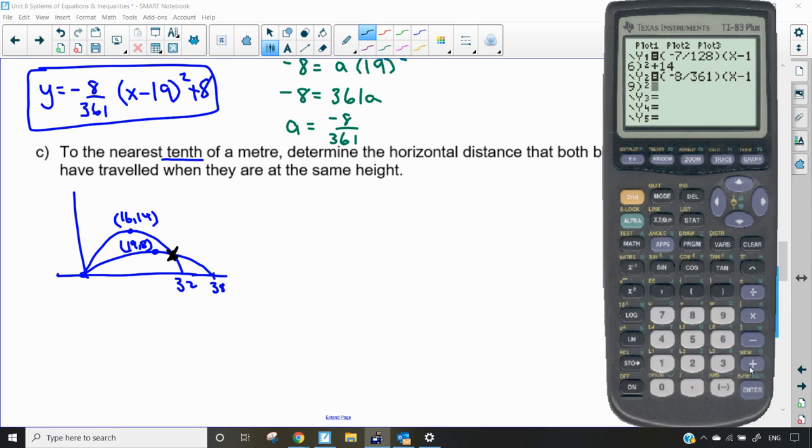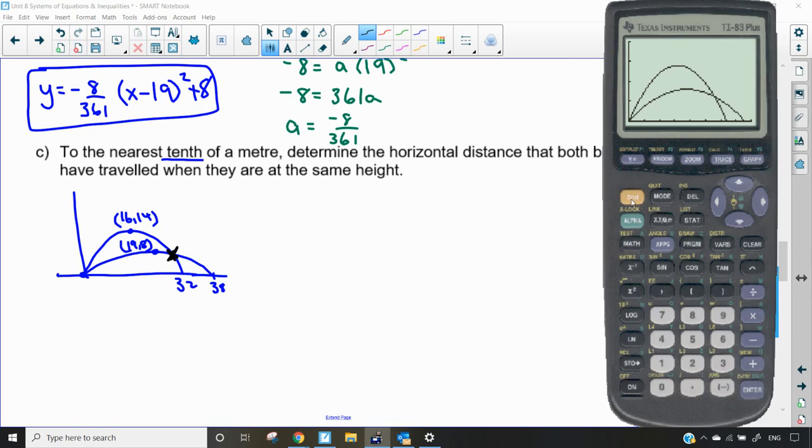Now with this one, our graph gives us our window settings that we need. So we're going to go to our window settings here. We need to go up to at least 38. So I'm going to go from 0 to 40, and I'll go up by 5s. And my height, I don't need to go any higher than 14, so I might go a little bit higher, maybe go from 0 to 20 and go up by 5s. And then we can graph, and the path should look very similar to what we had already sketched.